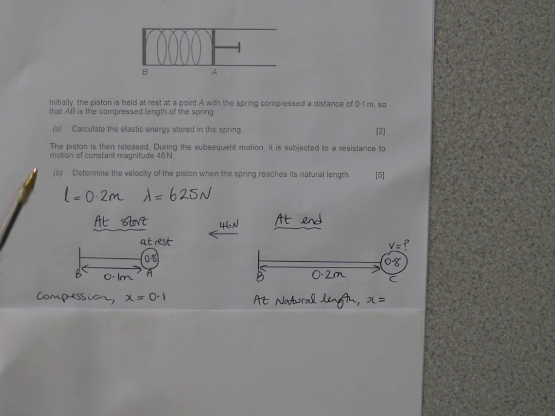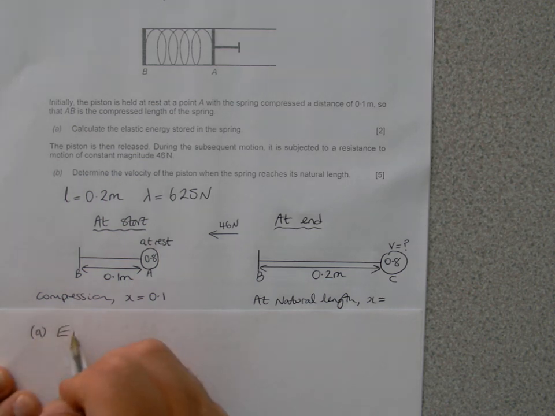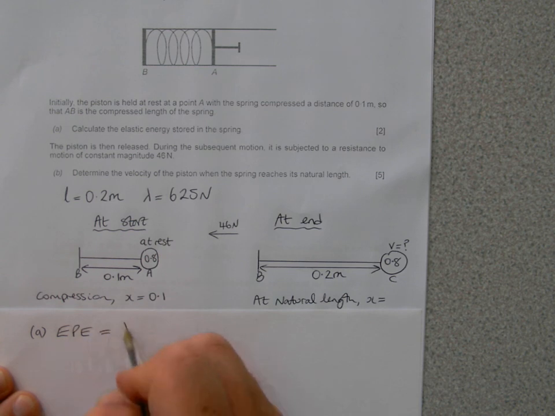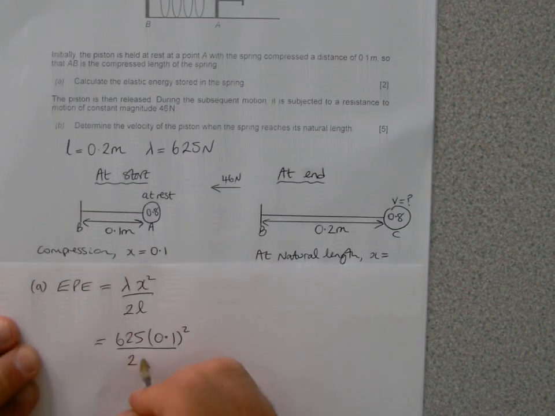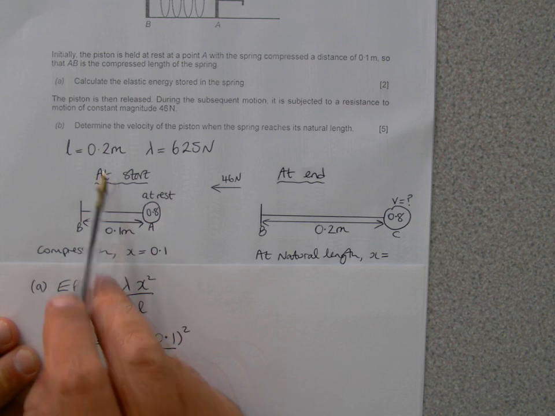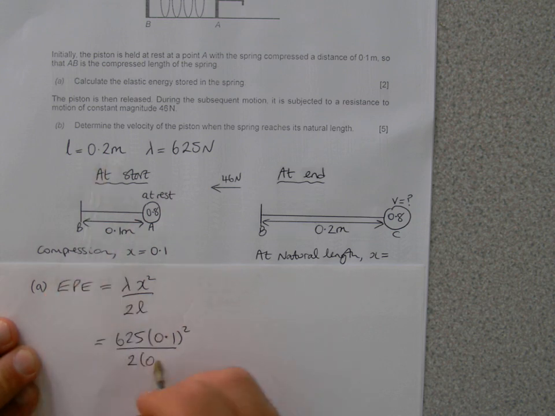So in part A then, they ask us to calculate the elastic energy stored in the spring. Remember, the elastic potential energy is given by this formula, lambda x squared over 2L, twice the natural length. We know lambda is 625, the compression is 0.1, so we square that, and divide by twice the natural length, which is 0.2.